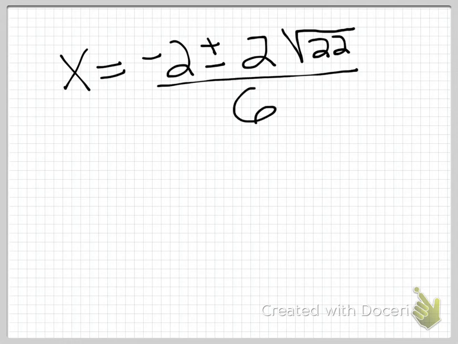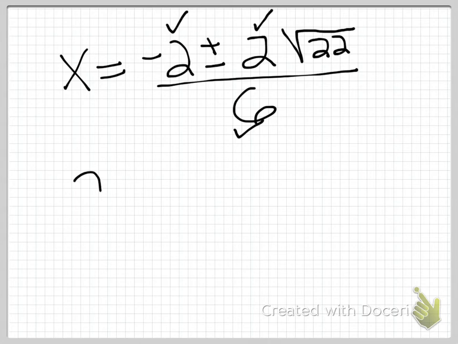Now, it would be nice if I could leave it like that, but I cannot, because this is a fraction after all. And what's the very last step always, always, always with fractions? Reduce. And you'll notice we have a 2 here, a 2 here, and 2 goes into 6. And since 2 goes into all of those numbers, I can reduce every single one of these. I can divide by 2.